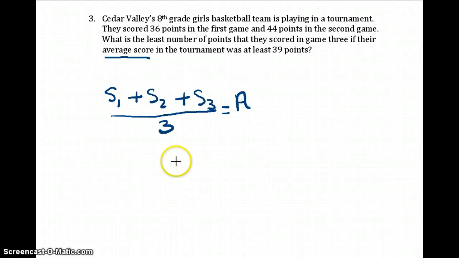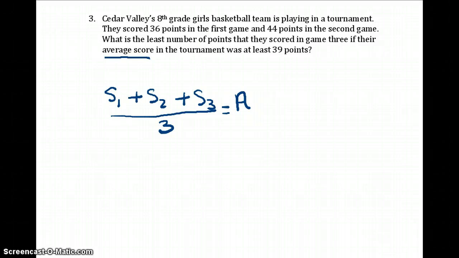So when you see this kind of question, the first thing you need to ask yourself is, how do I find average? Well, I would just take score 1 plus score 2 plus score 3, and I would divide that by 3. And that's how I find average.